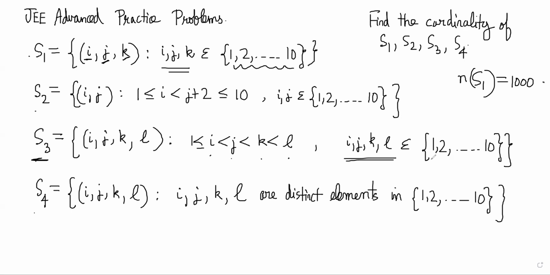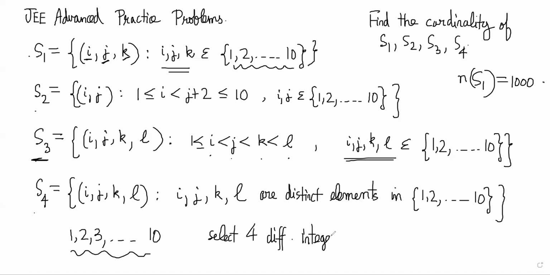So basically the question is asking us to form a quadruplet. So select four elements from the set 1 to 10, and once you select those elements, you have to make sure that they are in the proper order, right? So if you think of 1, 2, 3 till 10, if you select four different integers from this set, obviously that can be done in how many ways? 10C4 ways, right?